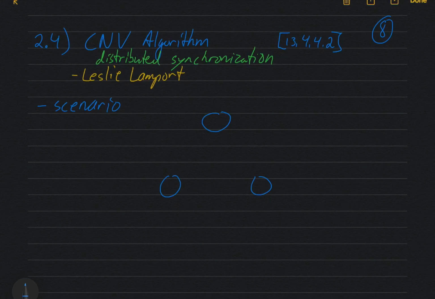Let's say we've got clock 1 at the top, clock 2 at the left, and clock 3 on the right. Periodically they will exchange with each other what the current time is. As you add more clocks, this diagram would become more complex and crowded, so we're just doing 3 here.